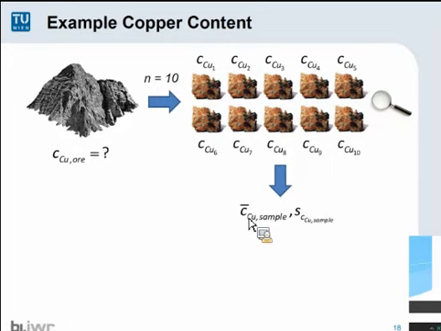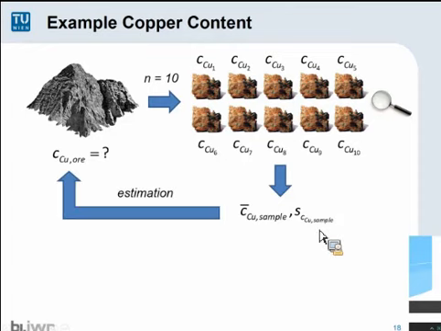But we are not interested in the mean value of the copper sample. What we want to know is the copper concentration inside of the ore. Unfortunately, we have no better values than the ones that we got from our sample. So we take the mean value of the sample as the best estimator for the copper concentration inside of our mountain. We do not have any better values.